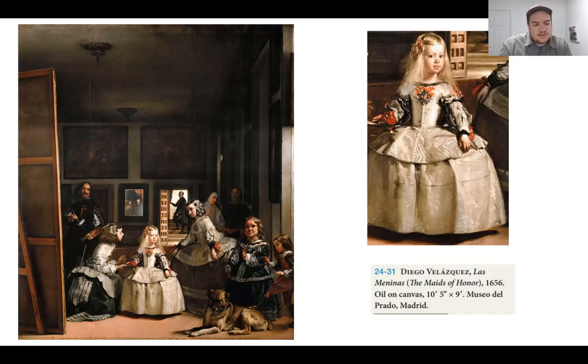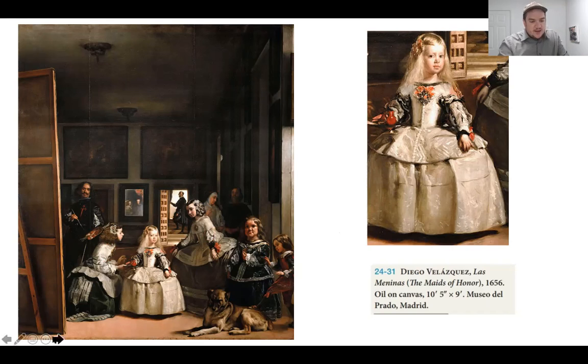Or is Velázquez looking at a mirror and painting the image that we're looking at? Is this canvas here the painting he's working on? It's a fun little play with optics and reflection.